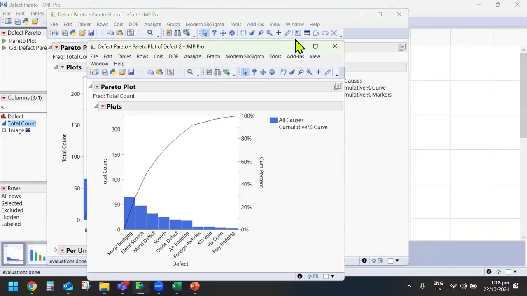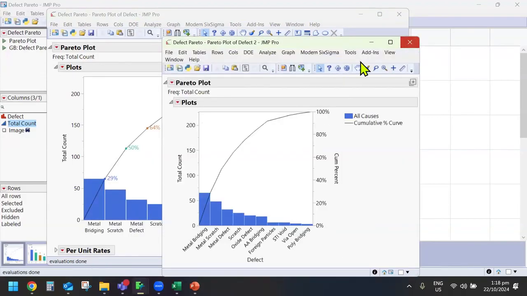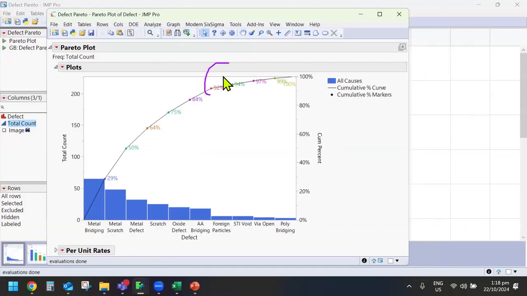You will get the same Pareto, but of course, appearance-wise, you need to fine tune it a little bit. I also have an indicator on each point telling me the accumulated percentage of the few types of defects. So this is the first thing. Once you use the software, you no need to do the sorting for the data and so forth. The software will handle everything for us.